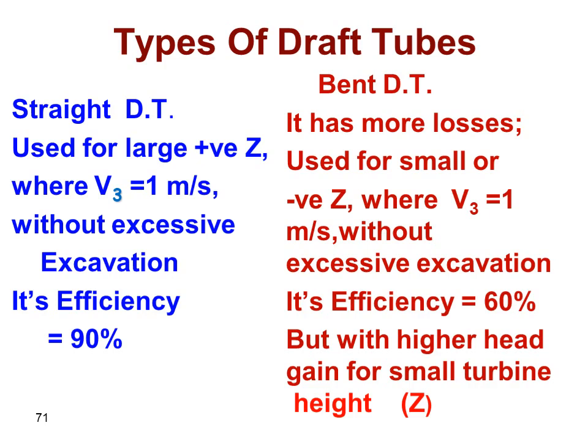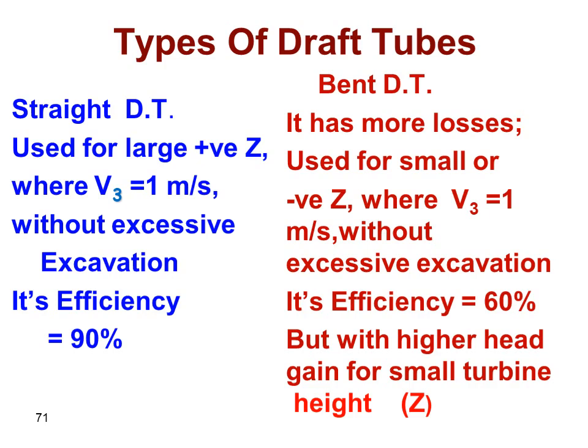It depends on the height of the turbine with respect to downstream, which we call Z. If the permissible value of Z is large, this means we can use a straight draft tube. With a small angle, 8 degrees, it can give you an exit velocity of about 1 meter per second without any excessive excavation, so we can use a straight draft tube with its efficiency 90%.